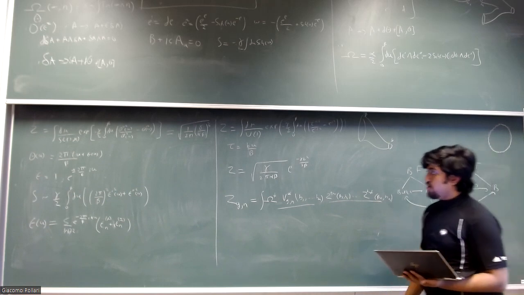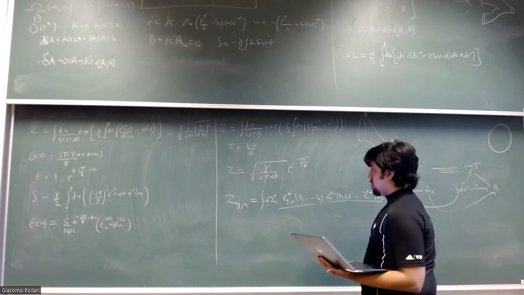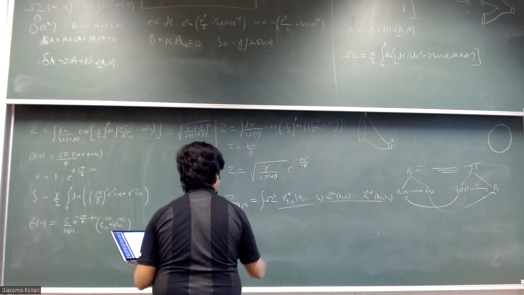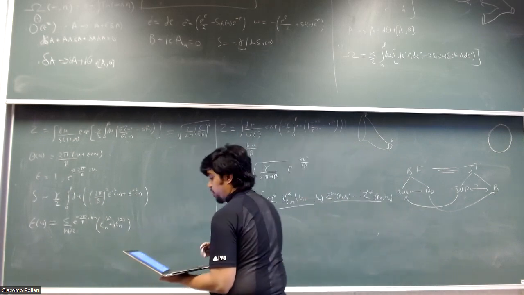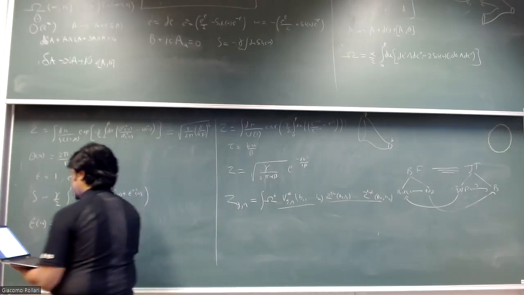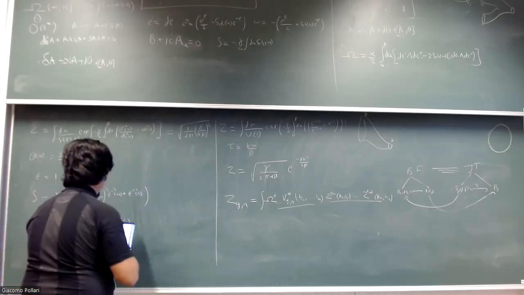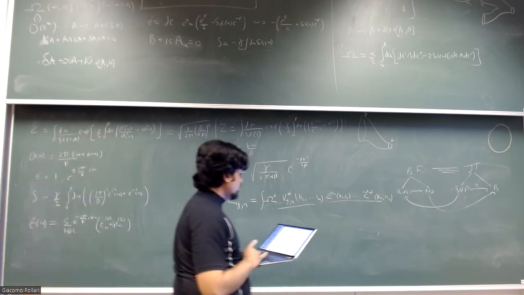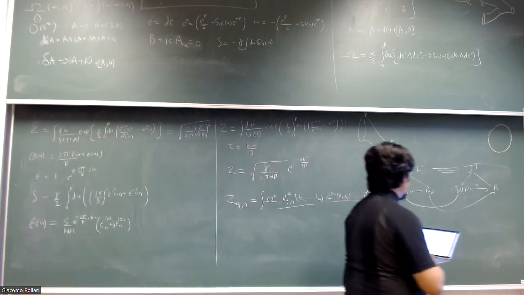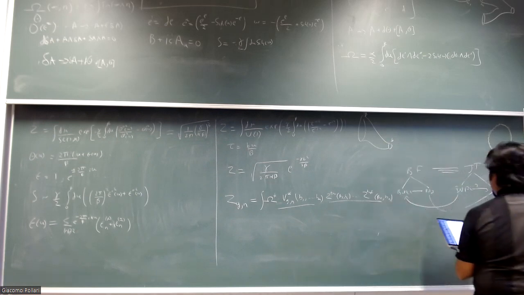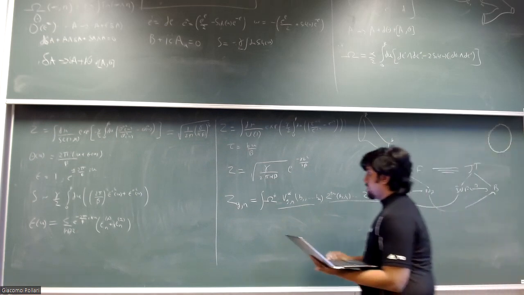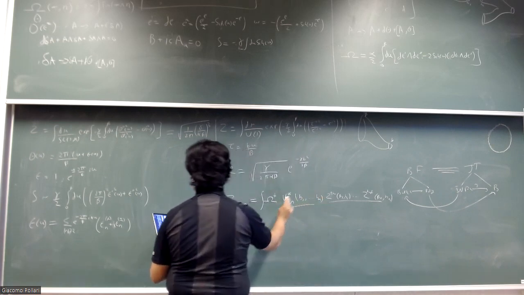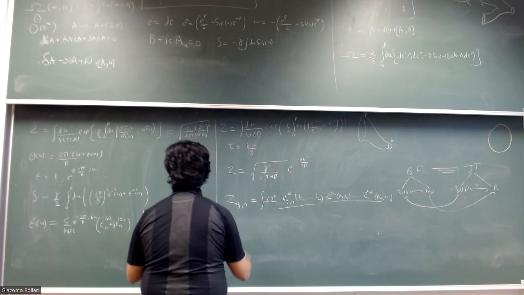Yeah, so we have this. Now we need to try to calculate for general g, n, how to calculate it. In order to do that, we know what it is for 0, 1. 0, 1 is this. And we can try to do it for 0, 2, which is essentially two trumpets attached to each other.